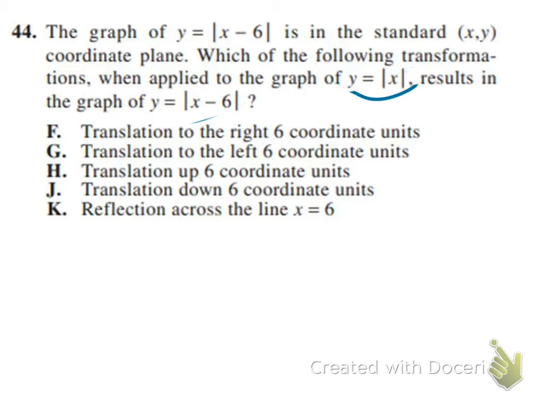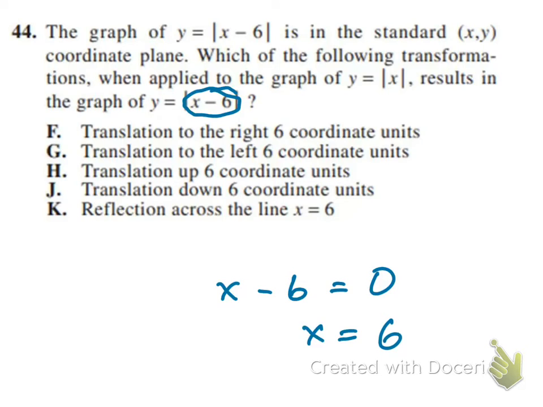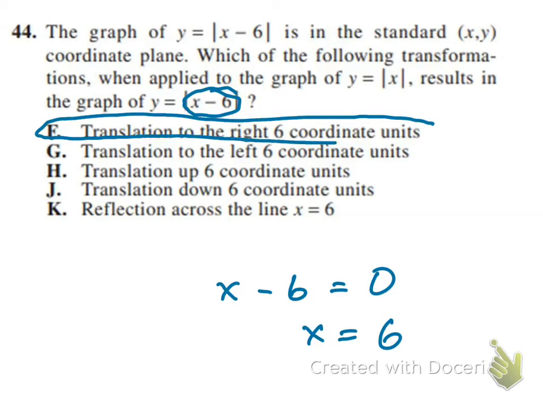Anytime they give you a transformation problem, take the new value and set it equal to 0. That's a really easy equation to solve, right? X minus 6 equals 0 if x is positive 6.